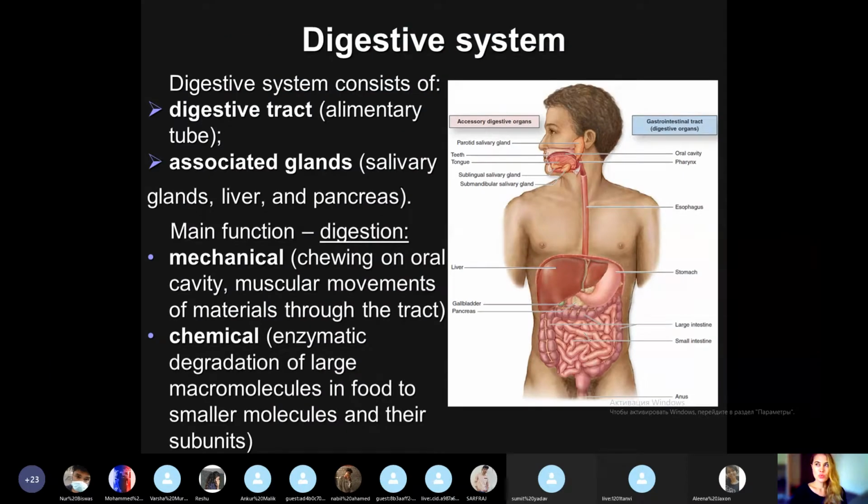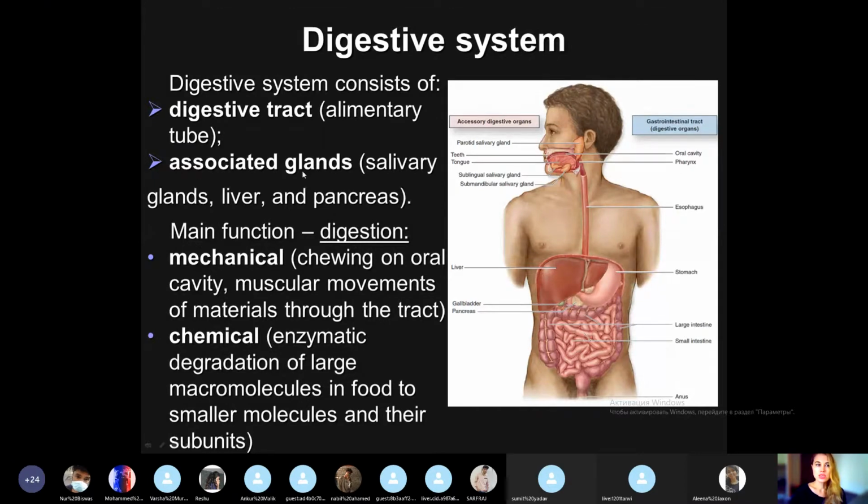You might know from the previous information that the digestive system's main function is digestion. And from anatomy, you might know that the digestive system consists of 2 parts. The digestive tract, or alimentary tube, which includes all organs of the digestive system, starting from the oral cavity and up to the large intestine.